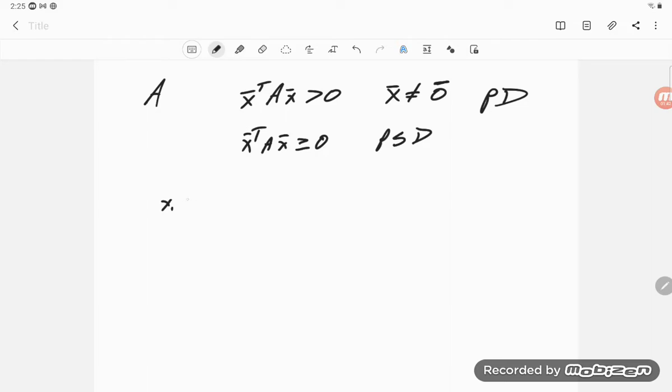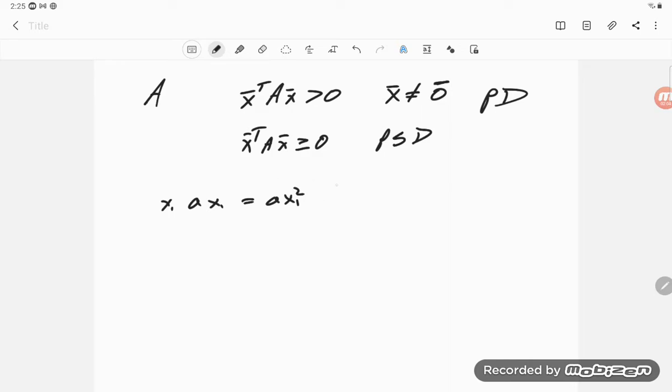Now a 1-by-1 matrix would just be some letter A, times x1. Since x1 is a real number, in this case there is no real transpose. But when you run that together, you get a x1 squared.